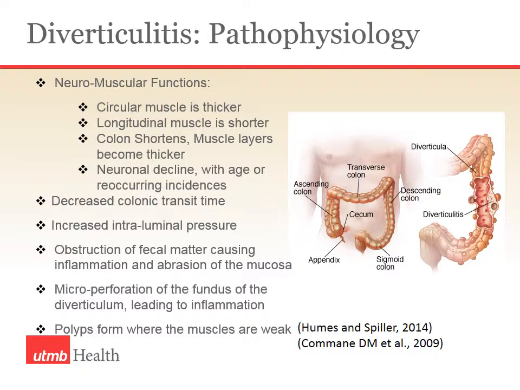So this causes a decreased colonic transit time as well as increased pressure in the lumen, and polyps appear as you see in the picture, and these polyps can be very painful.